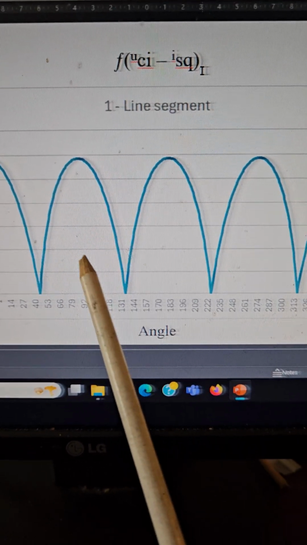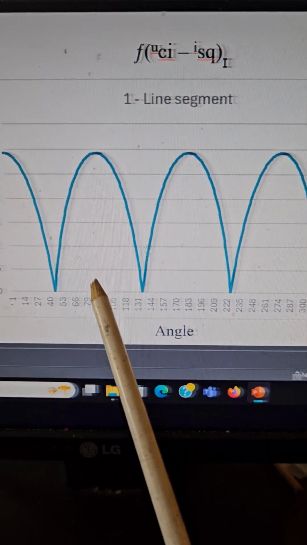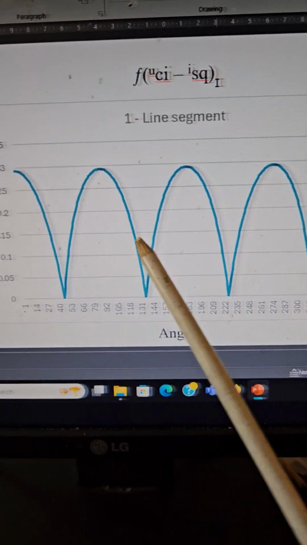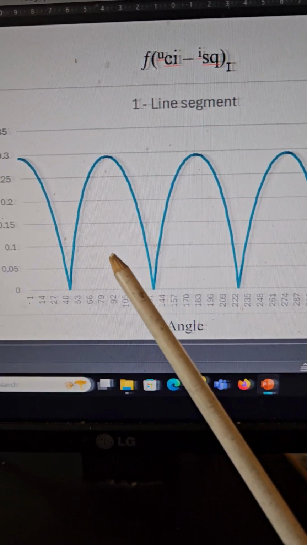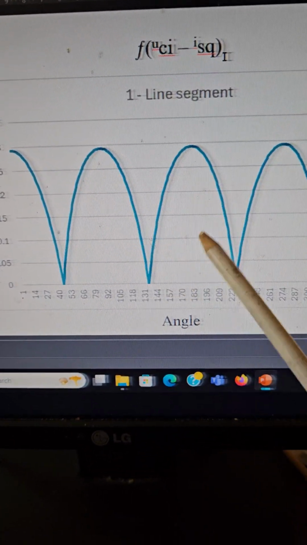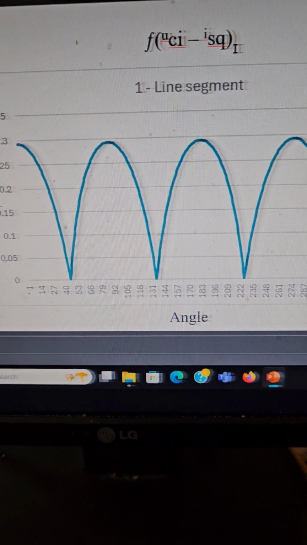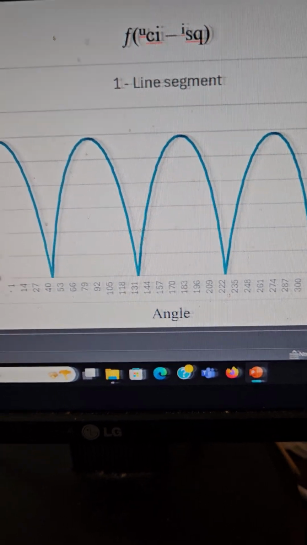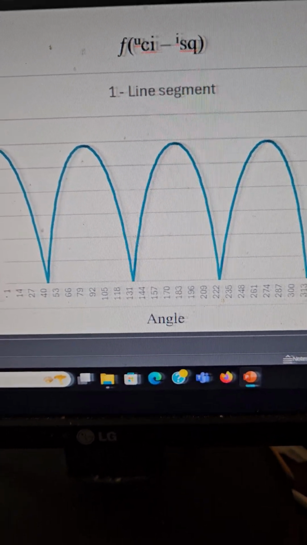This is the function you get, and it's nice, but when you translate it, it means all the stuff has been used up to create matter. So it's good for maths, but not good for what we're looking for.